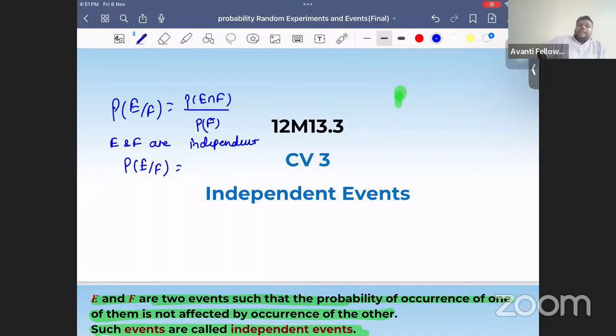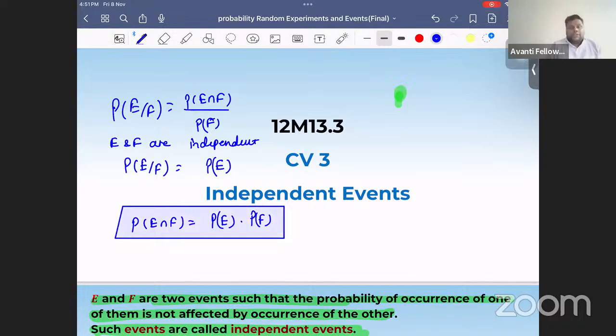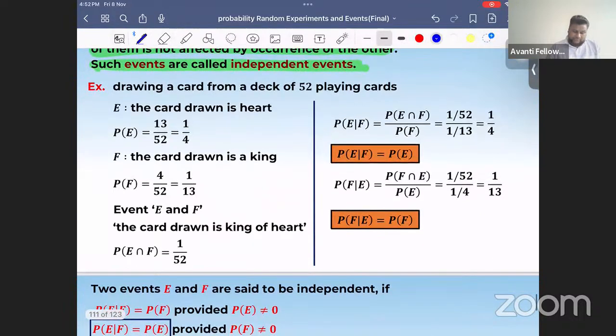But since E and F are independent, E has nothing to do with F, whether it has occurred or it has not occurred. So this is equal to P(E). So definitely P(E intersection F) is what? P(E) into P(F). Am I correct? So P(E intersection F) is P(E) into P(F). Got it?